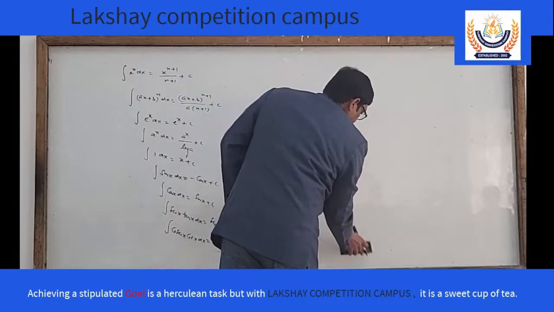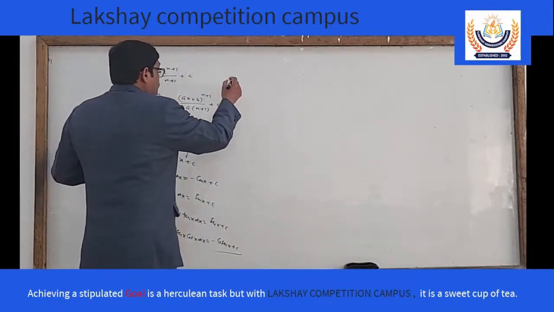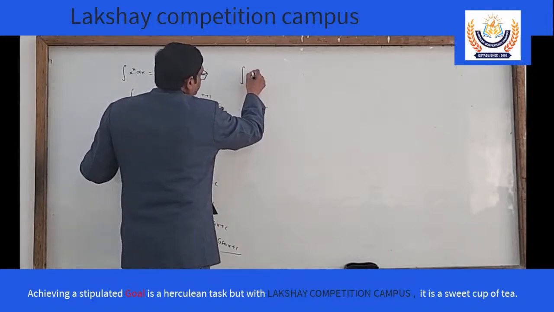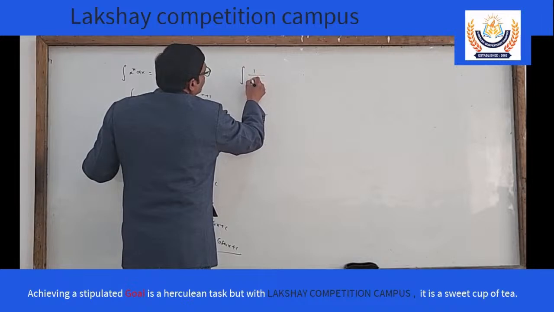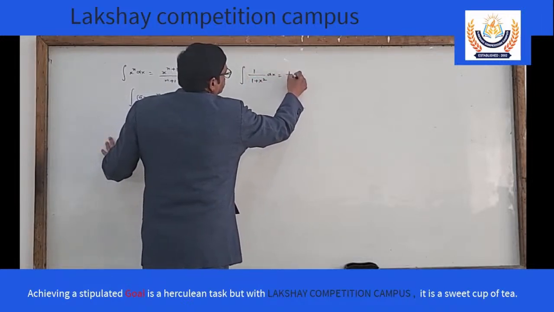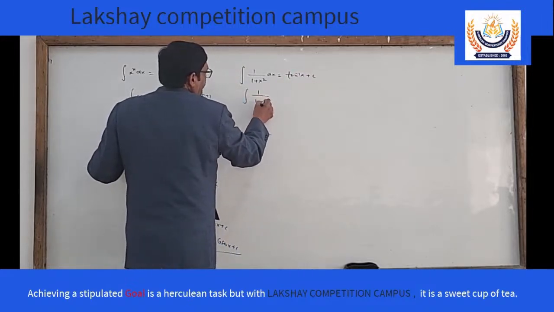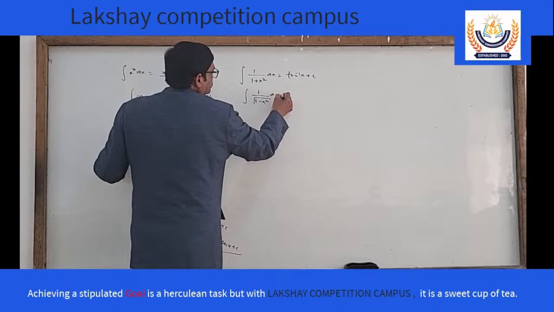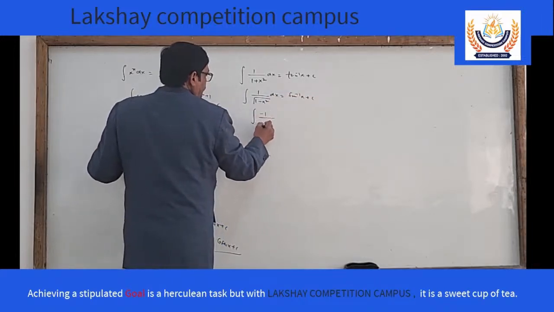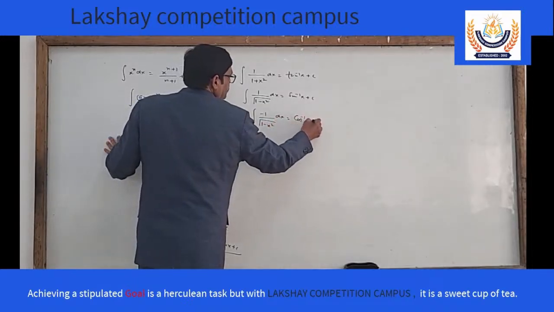So students, we add constant when we find the indefinite integration. There are some other formulas. The integration of 1 upon 1 plus x square is tan inverse x. 1 upon root of 1 minus x square is sin inverse x. Minus 1 upon root of 1 minus x square is cos inverse x.